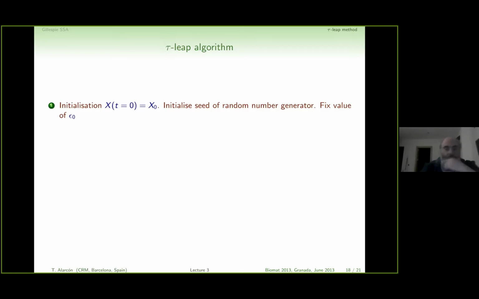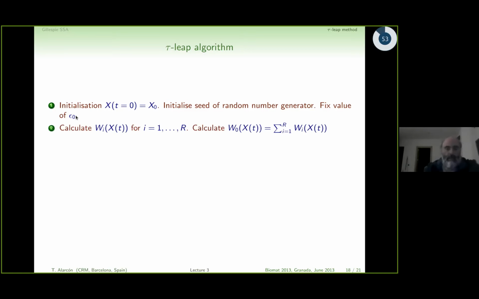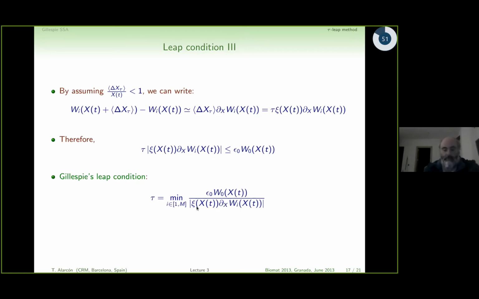Again, the tau-leap algorithm: we initialize the system, initialize the seed for the random number generator, and fix the value of this epsilon 0. Then, just like in the Gillespie algorithm, we calculate the W quantities, we calculate the W0 quantities, and then we calculate tau according to the leap condition, which is this formula here.